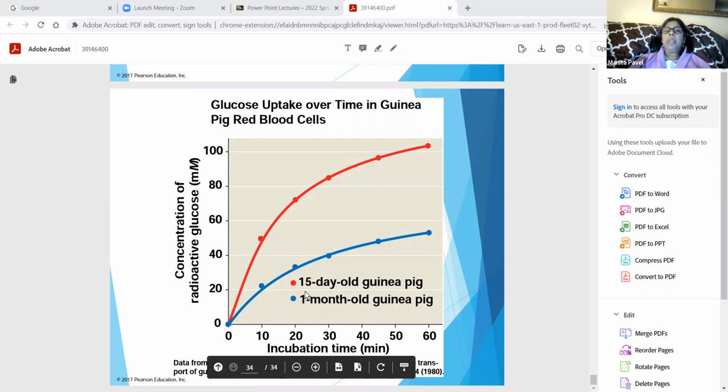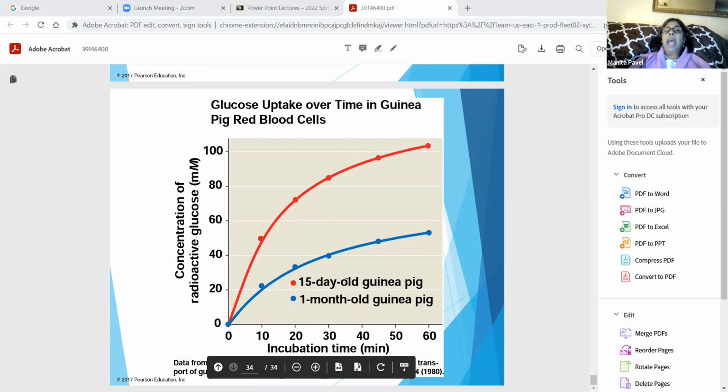But what do we see? We're comparing: the blue graph is indicating a 1-month-old guinea pig, and this is a 15-day-old guinea pig. And so we can see, as time increases, with respect to the 1-month guinea pig, that the concentration of radioactive glucose is also increasing.